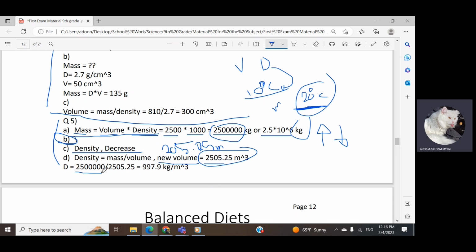Then you put the mass that you calculated already over the new volume, so you have the new density. And that's right, by the way, because at 10 Celsius the density was 1000, and now we can see that the density decreased to 997.9 kilogram per meter cubed.